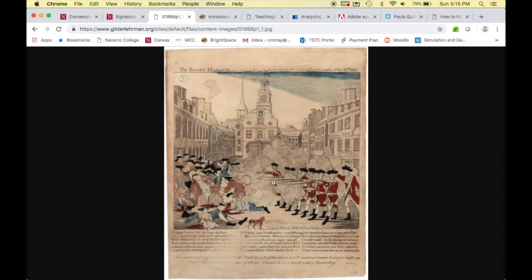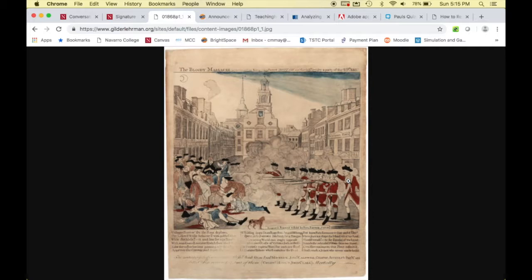Here you have an organized line of British soldiers being ordered to fire by their captain, excuse me, over here. And again, that's not the description that we get from other official documentation at the time.